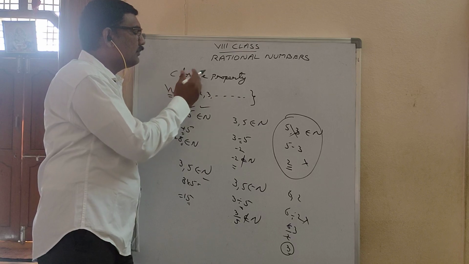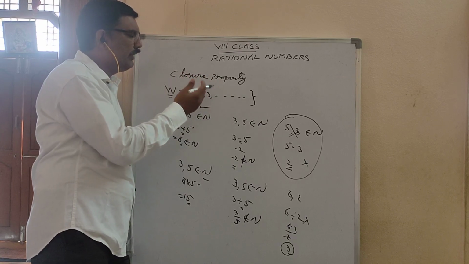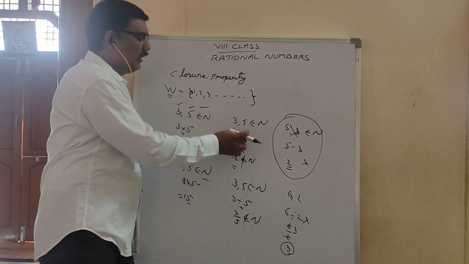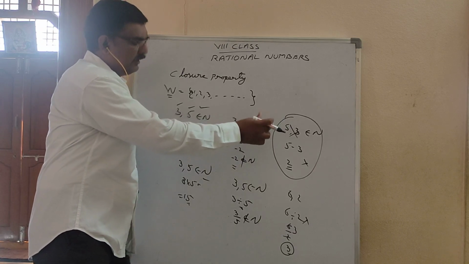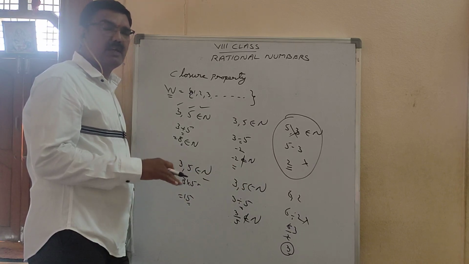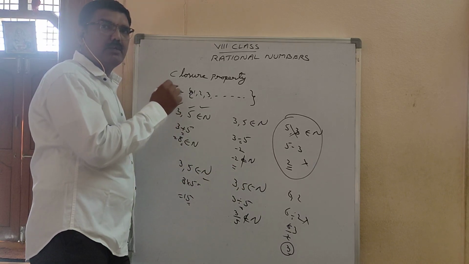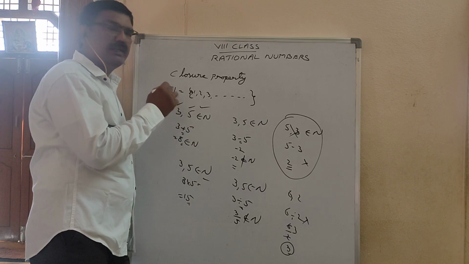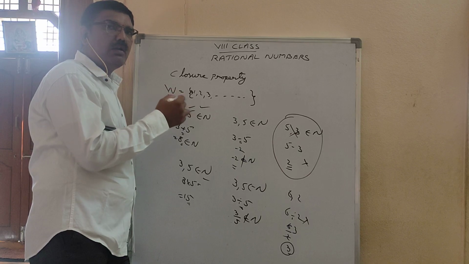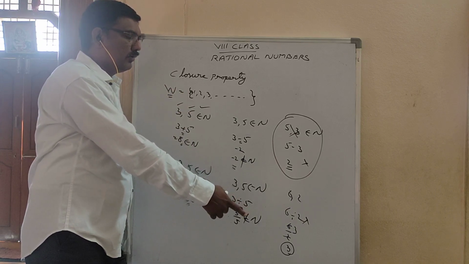Integers means negative numbers, positive numbers, whatever. Any two integers you have to take. You should perform addition one time, subtraction one time, multiplication one time, division one time, whether they are satisfying or not. So, for natural numbers, whole numbers, integers, rational numbers, for all you have to do decimal.